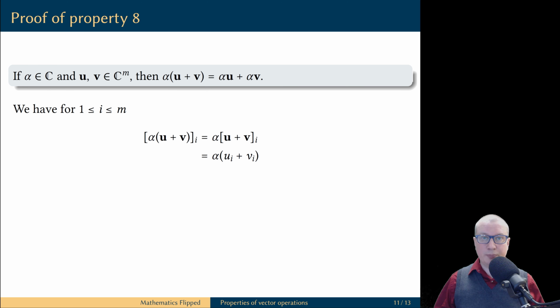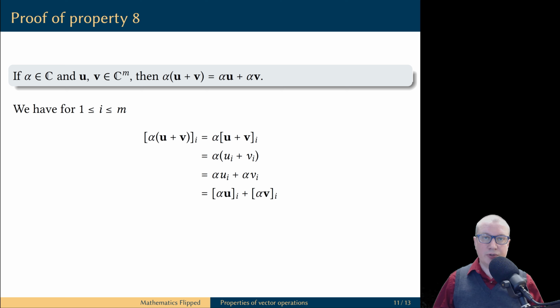Now we have an expression that involves numbers, and we know that for numbers, multiplication distributes over addition, and therefore we can write this. Next, let's translate this number in terms of the component of a certain vector.